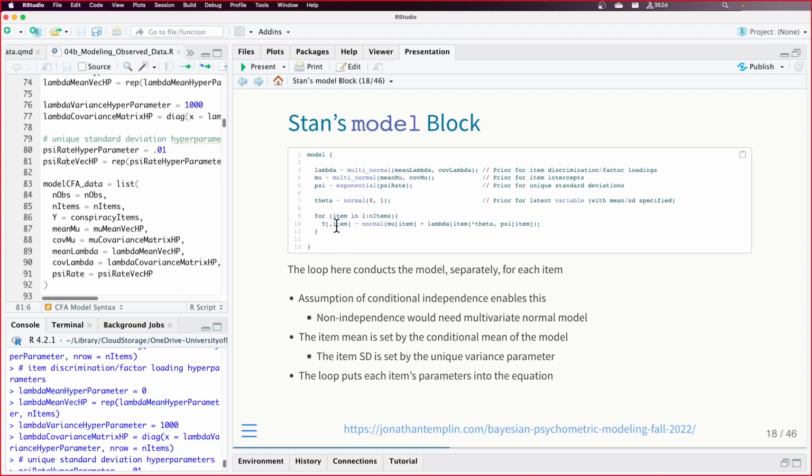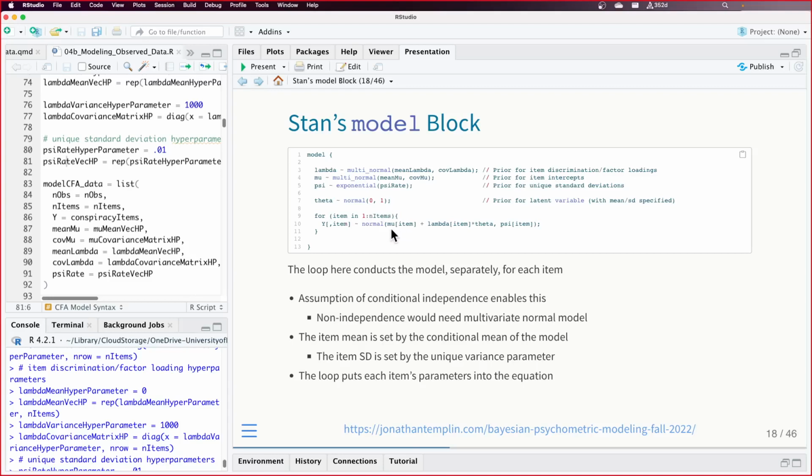Now remember, Y is a matrix, so when I specify the second element in the brackets with that looping variable, it's that column of Y. Right, so this takes one column at a time, says it follows a normal distribution for each of those columns.